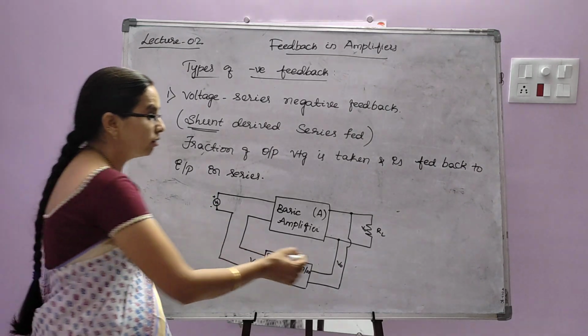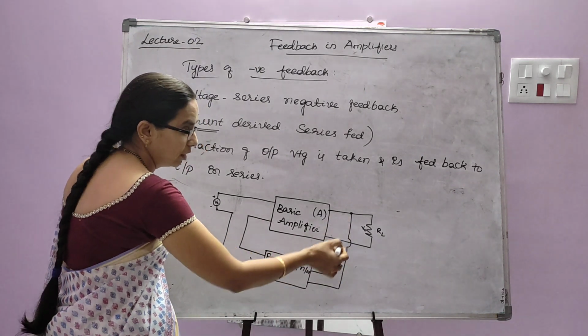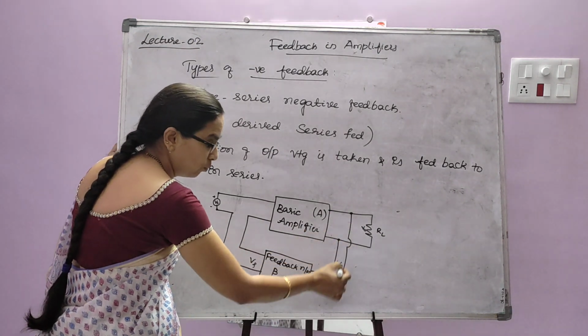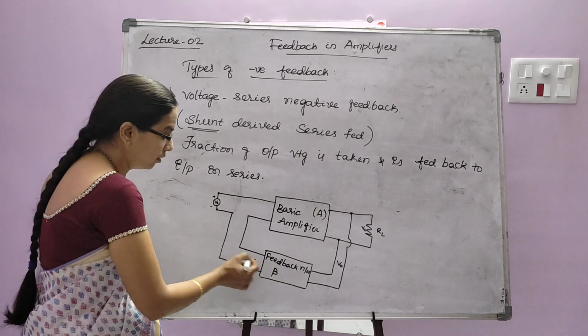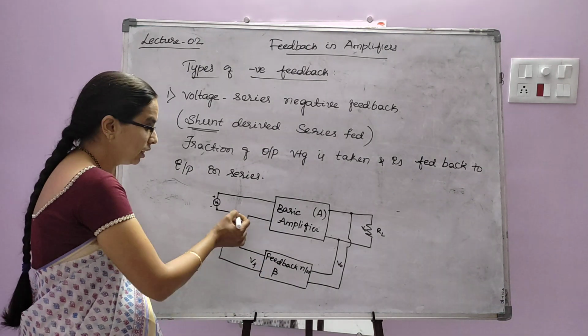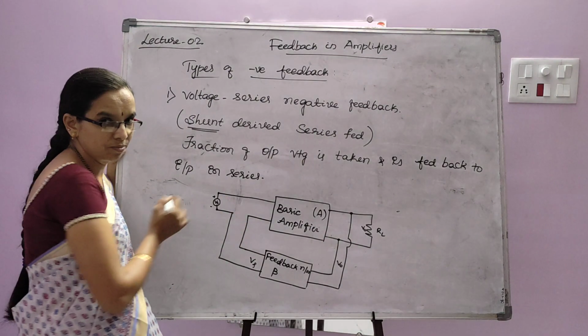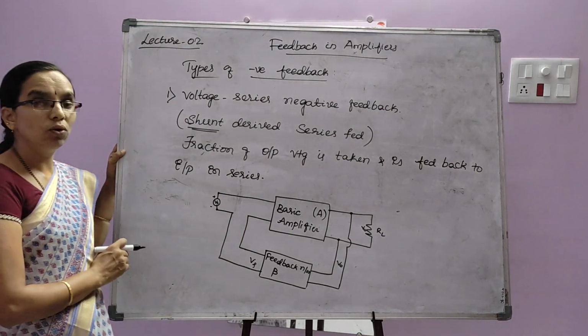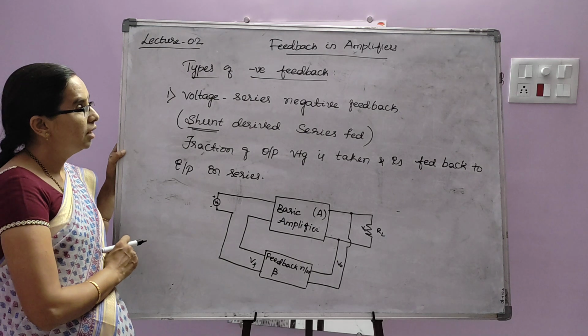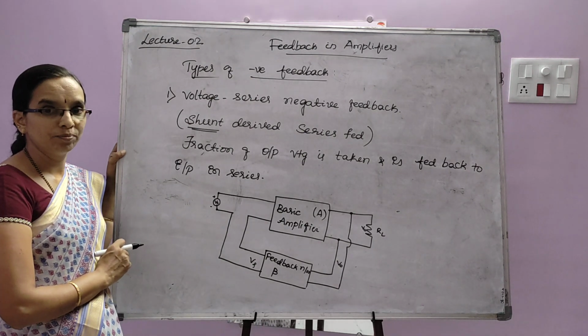So from the output you are taking the voltage and feeding the feedback voltage in series connection. So this is called voltage series negative feedback.